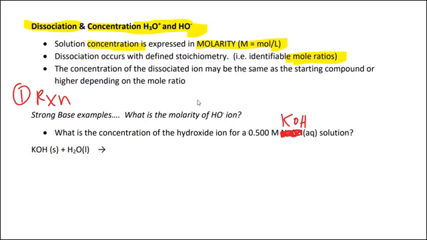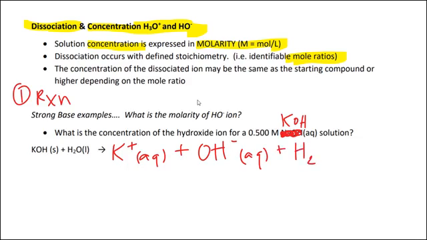So we're going to have my K+ dissociate, and it's going to be surrounded by that water. And we are going to have my OH hydroxide, also aqueous. And again, it's going to be surrounded by water. And that H2O, it's just going to be there.